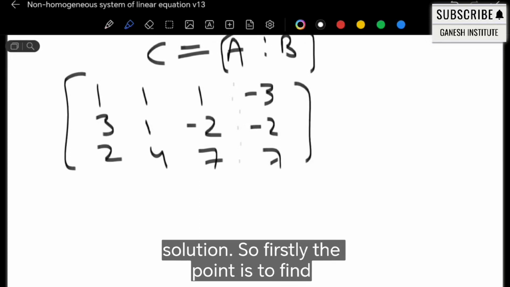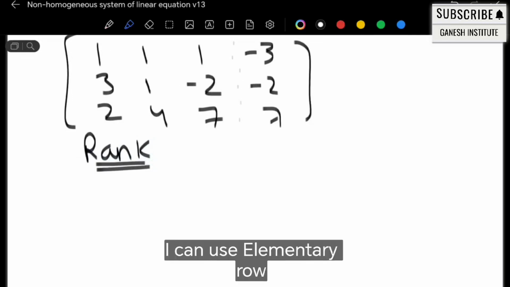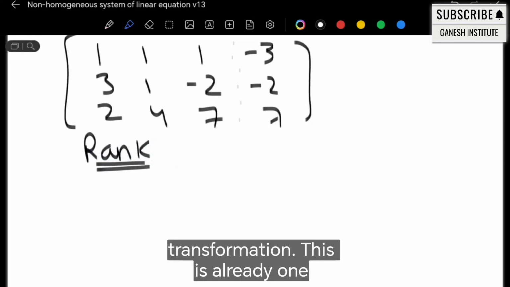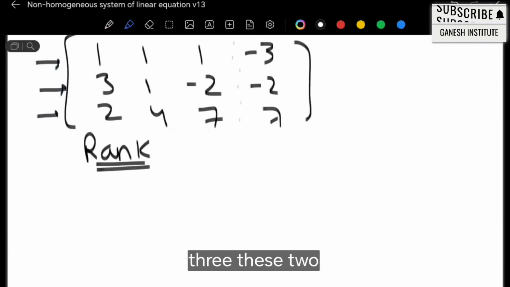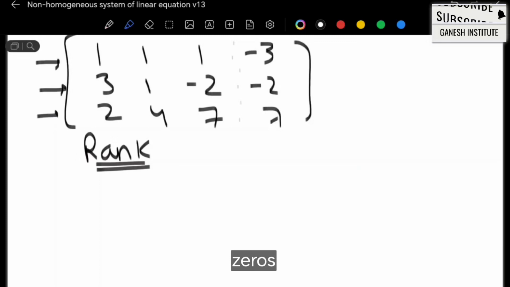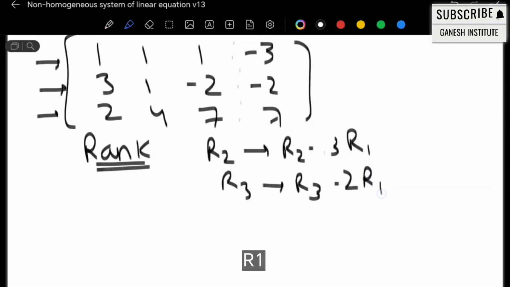So firstly, find the rank. I can use elementary row transformation. This is already 1 here, so let's make these two zeros. R2 tends to R2 minus 3R1 and R3 tends to R3 minus 2R1. What have we got?